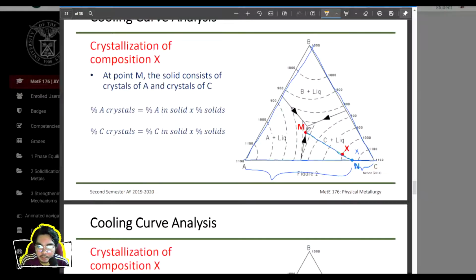So for example, ito, percent C. Then, hanapin mo tong point na to using the way we plot ternary diagram. So meron siyang C component, tama, ito yung C component niya, meron siyang, let me draw parallel line.